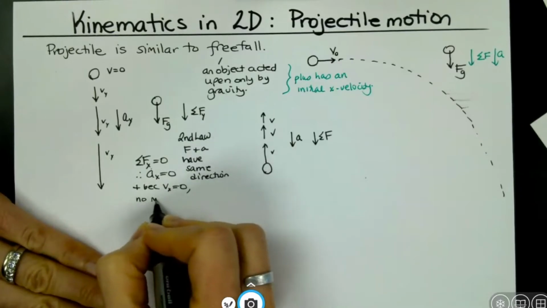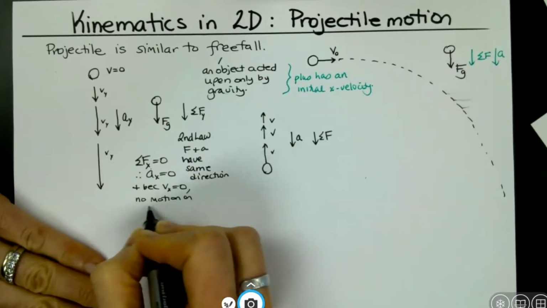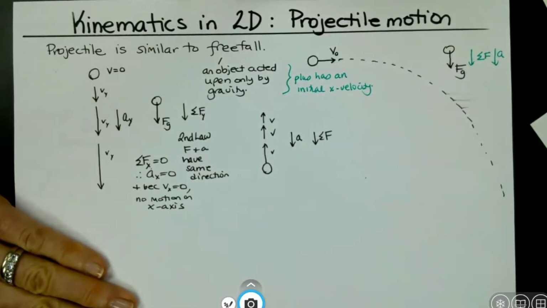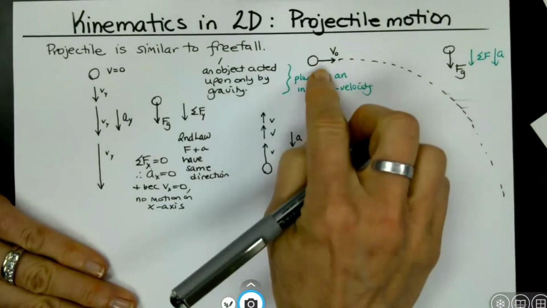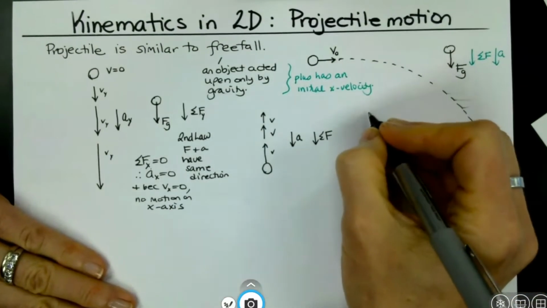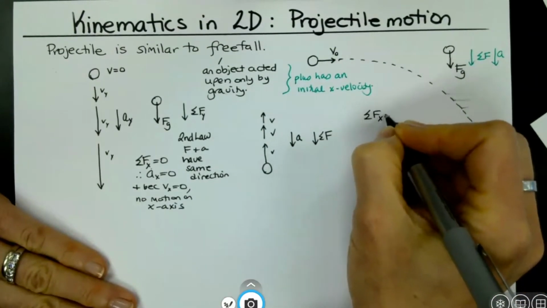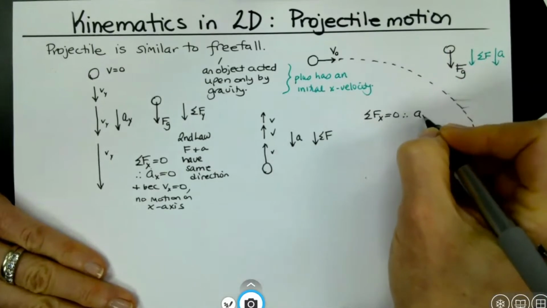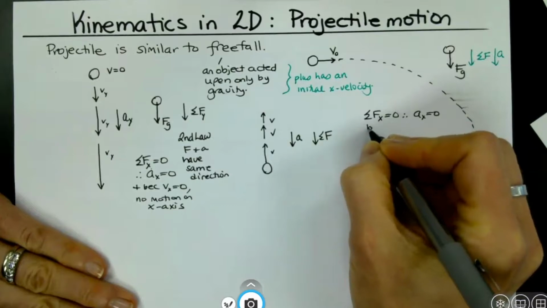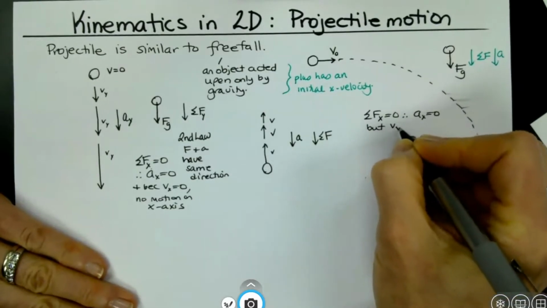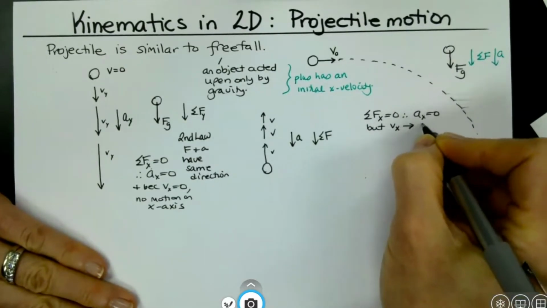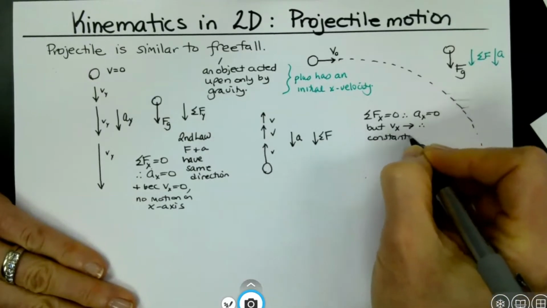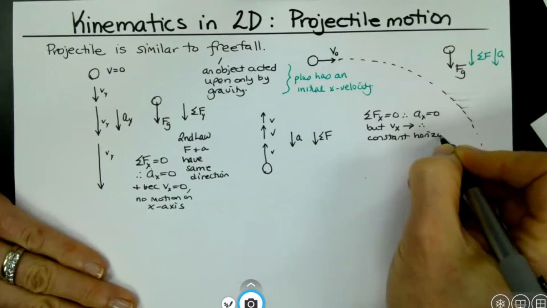There was no motion on the x-axis, so we didn't have to worry about that for freely falling objects. However, for this object, net force on the x is 0, therefore acceleration on the x is 0, but there is a velocity to the right. Therefore, there's constant horizontal motion.